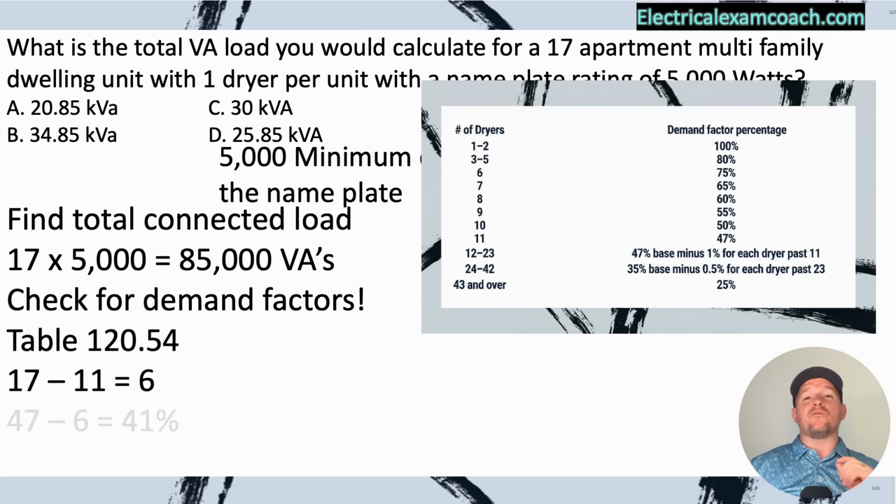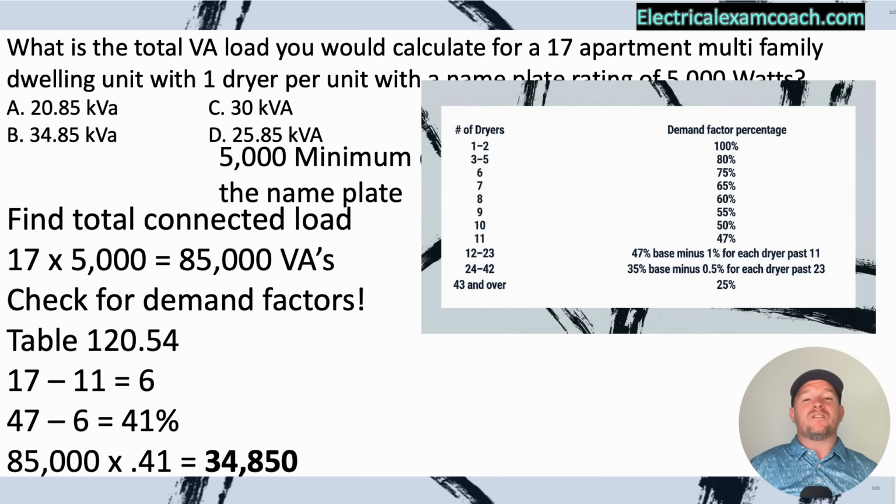Then we're going to take our original base of 47% and we need to minus that additional 6% off of it. And that takes us down to a reduced demand factor of 41%. Now, all we have to do is multiply. We take our original load multiplied by 0.41, and that gives us our new reduced load of 34,850 VAs.